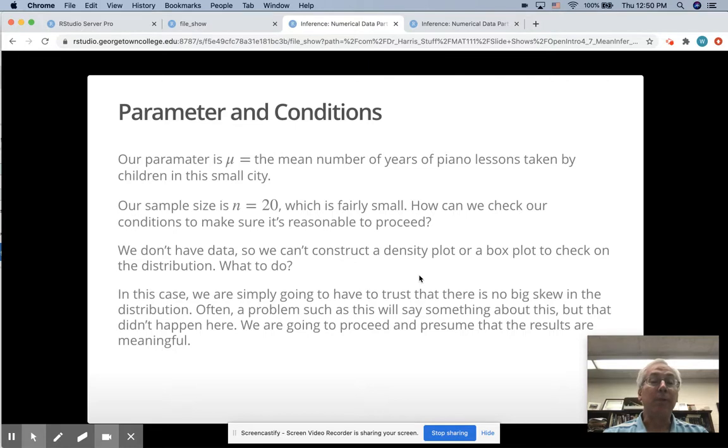We're just going to have to assume that there's no big skew, there are no big outliers in our data. We have to assume that things are okay to proceed. So even though we don't have sufficient information to be confident about proceeding, we're going to go ahead and do so anyway. But maybe in our write-up we should note that we were proceeding with a certain level of trust here.